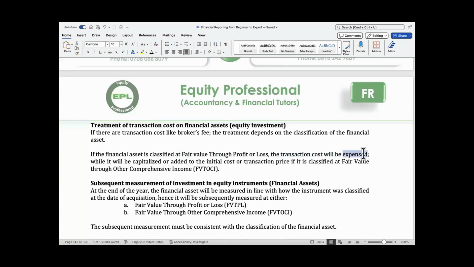While it will be capitalized, or added to the initial cost or the transaction price, if it is classified at fair value through OCI.